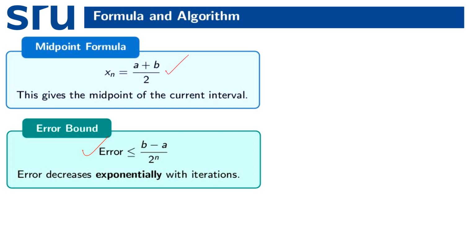As n increases, the denominator increases, and the whole quantity on the right hand side, (b minus a) over 2 to the power n, decreases. So the error becomes smaller and smaller. That means the error is decreasing exponentially. So even though the method is simple, it becomes more accurate with each step.